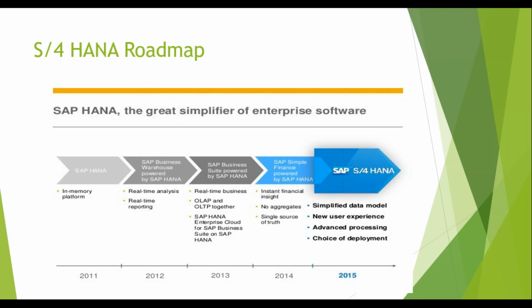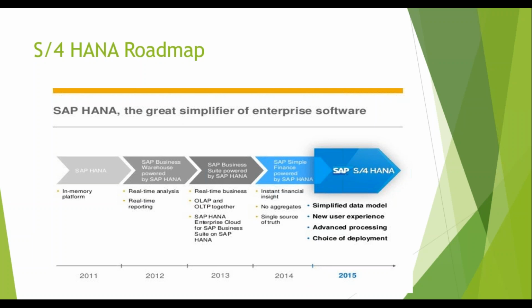That is the reason SAP gave the thought on finance first. They simplified the financial processes first. And that is the reason in 2014, SAP came up with the first simplification on SAP HANA in the form of SAP Simple Finance. So SAP Simple Finance came in year 2014.